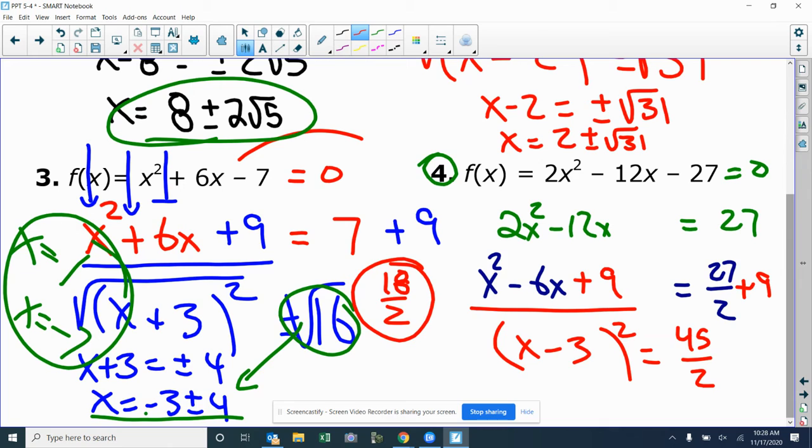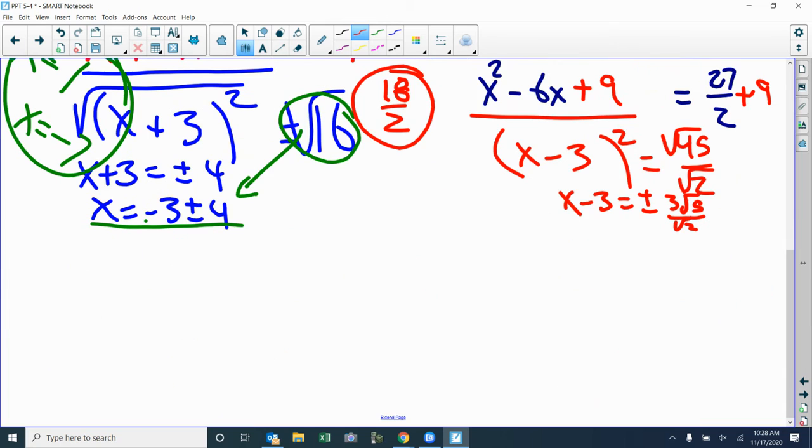All right, take the square root, you're going to have x minus 3 equals plus or minus square root of 45 over the square root of 2. Square root of 45 is going to be 3 radical 5 over radical 2. I'm out of space.